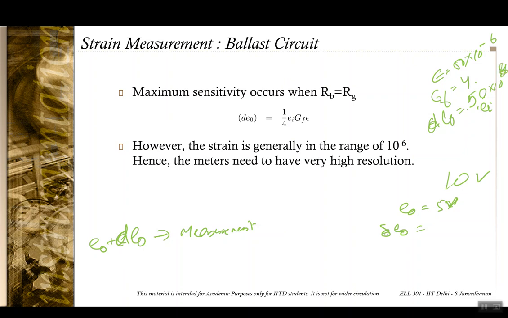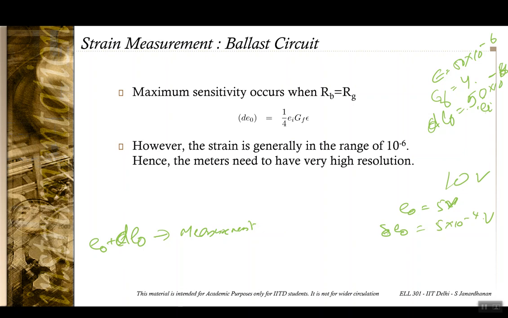This should have been 50 into 10 raised to minus 6. So if it is 50 into 10 raised to minus 6, and Ei is 10, what you end up with is 5 into 10 raised to minus 4 volts as the delta E.